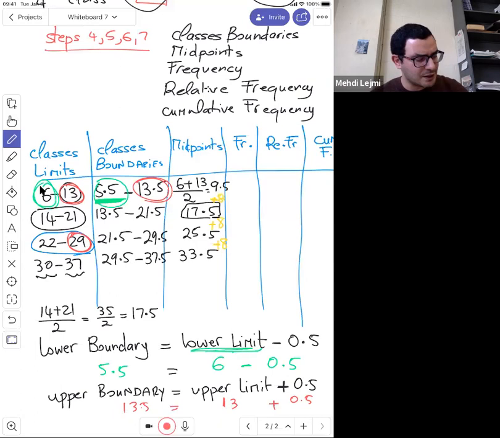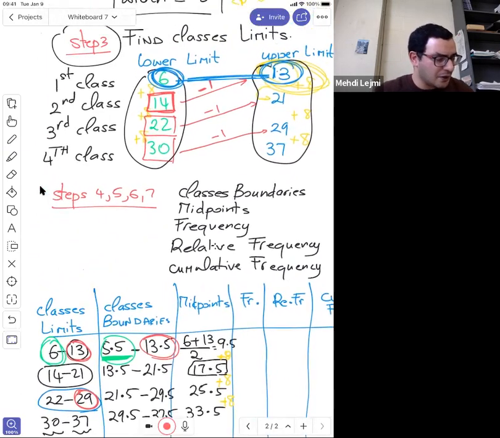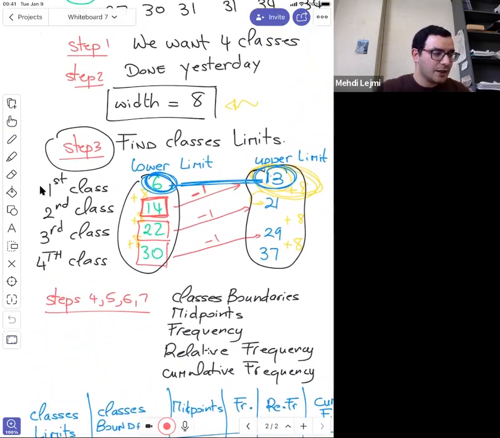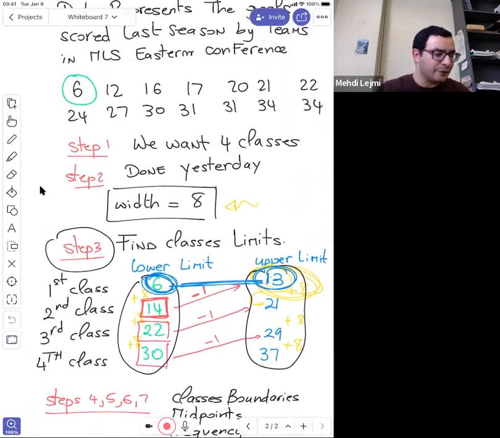Now for the frequency, we said we count how many values are in each class, right? For the first class, it's from 6 to 13, so you count how many values are from 6 to 13. You include the 6 and you include the 13.